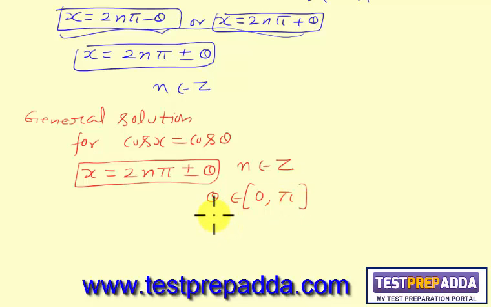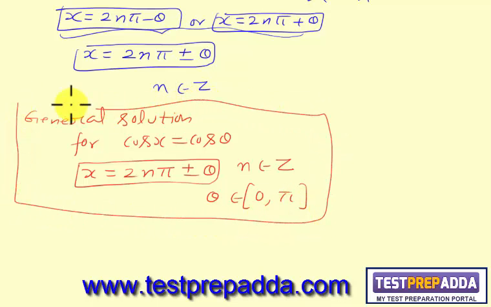In what interval will you take theta? 0 to pi. For general solutions of cos x is equal to cos theta.